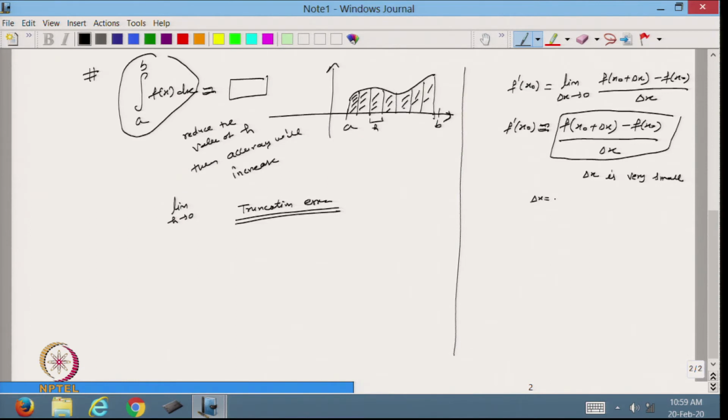So, maybe I can define delta x as 0.0001, and based on this value I will find the value of this factor, and that will be the approximate value of the derivative f dash x naught. In this case also I am truncating, or we also call it discretization error or truncation error. We are truncating the infinite number of values of delta x to a finite number of delta x.